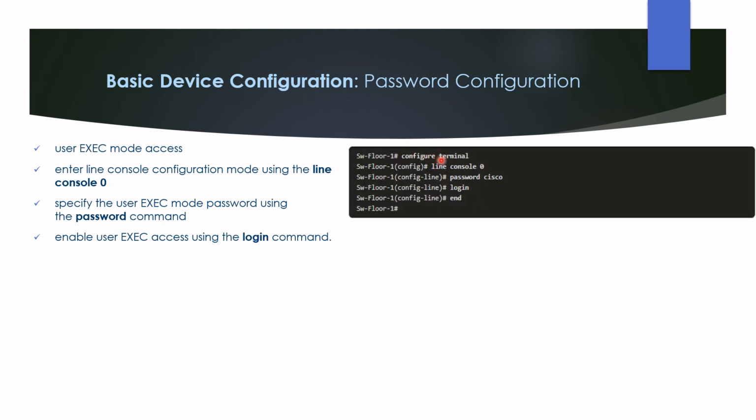As you see, first you have to be in the global configuration mode, and then you have to go into the sub-configuration mode of the line console by using the line console 0 command. After that, you see that now you are in the line console configuration, where in this case we want to add a password.